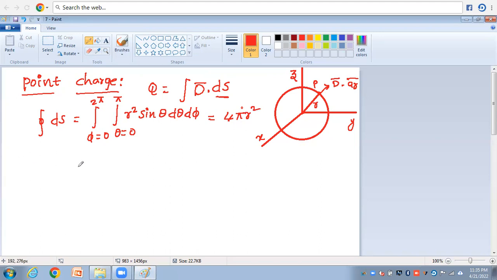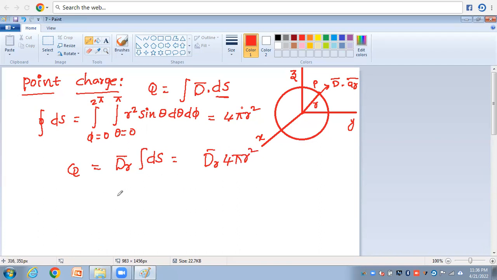Finally, Q equal to, if you consider D as a vector, D r bar in the r direction, then dS equals 4 pi r squared.